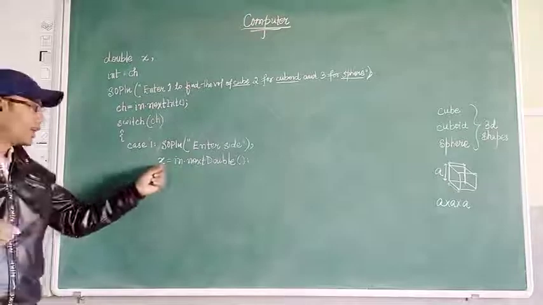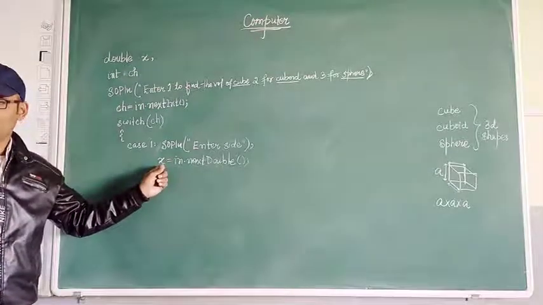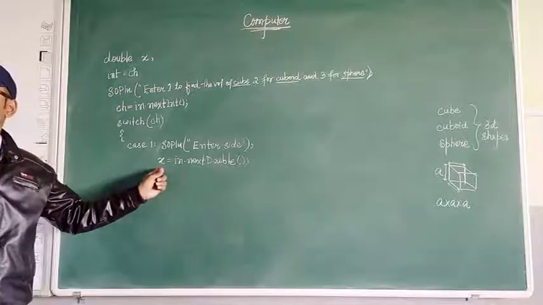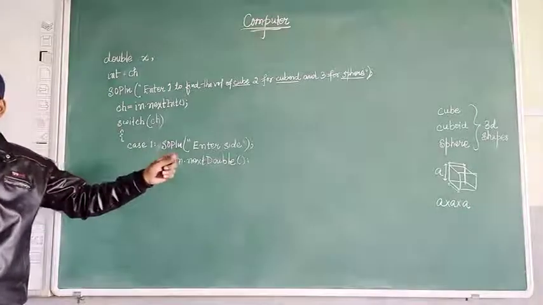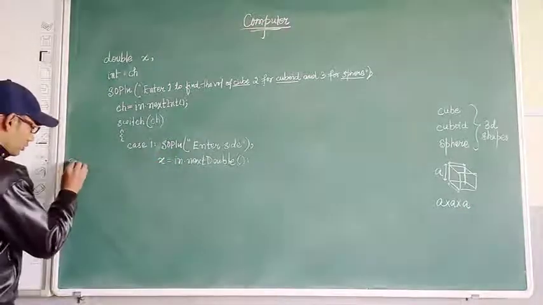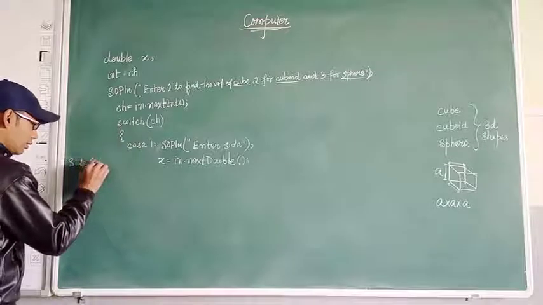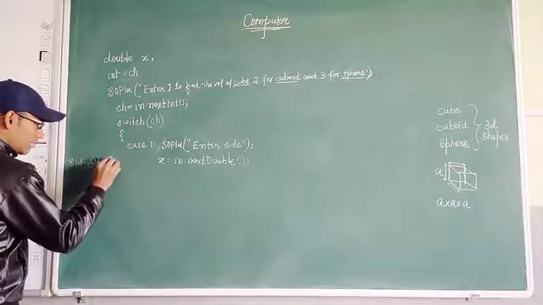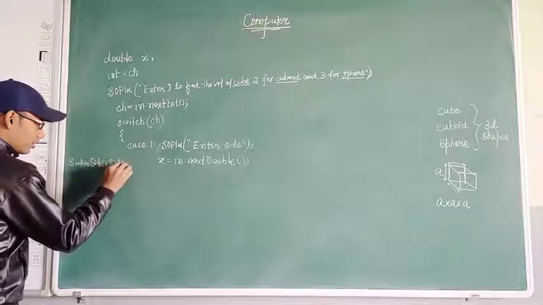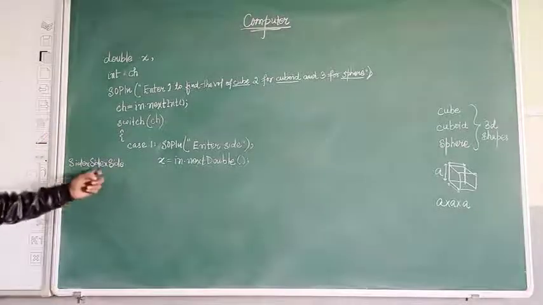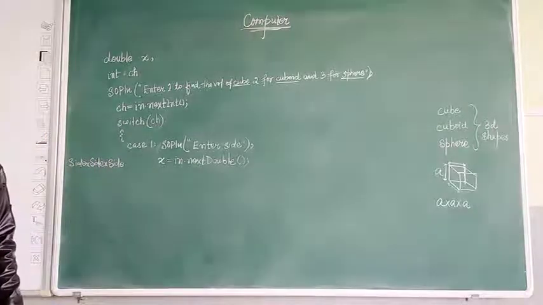Now we have the side, right? Side cube is the volume of the cube. Side into side into side. So to find out the volume, side cube is required.